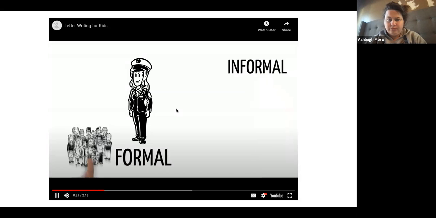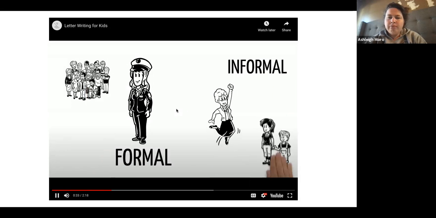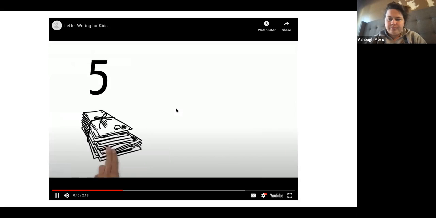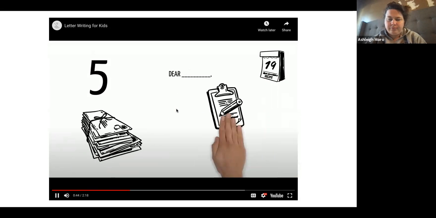Informal letters are written to people you know well, like your grandma, cousin, or friend. There are 5 parts that must be included in every letter: the date, salutation or greeting, body, closing, and signature.